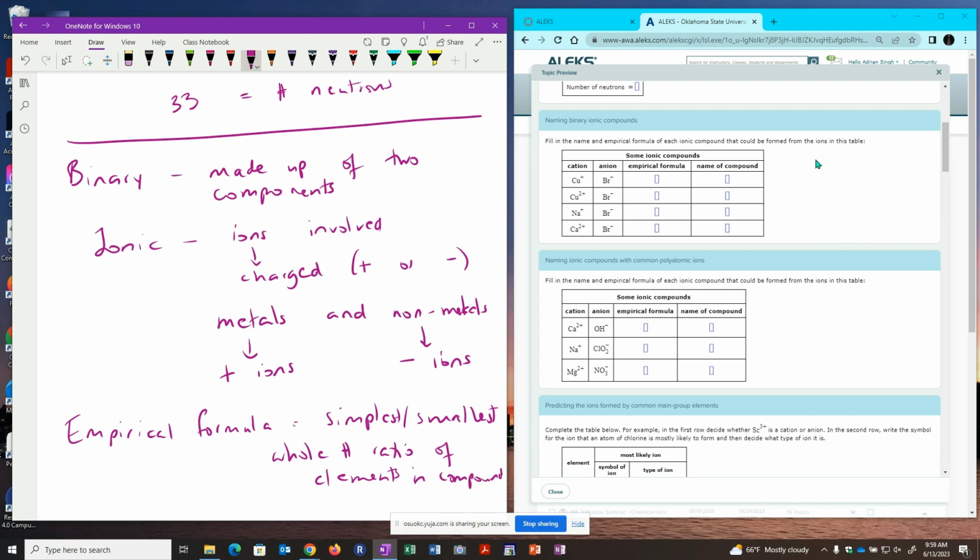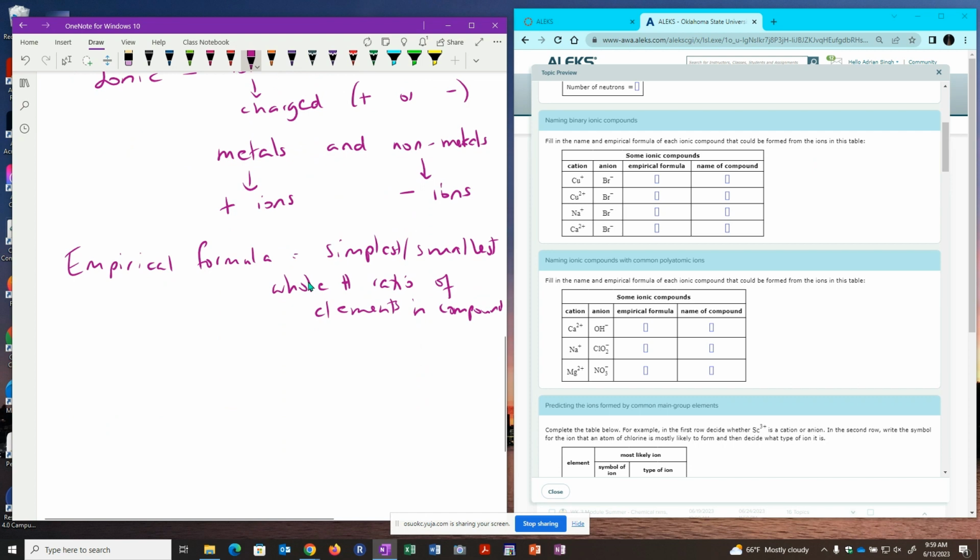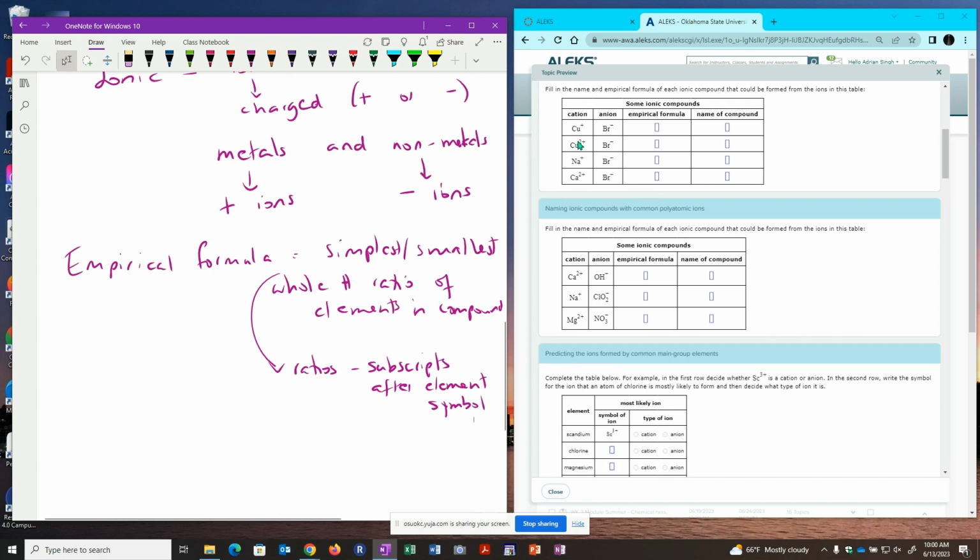And when we combine ions together to make compounds, those ratios are written as subscripts after the symbol for the element. So let's take a look at a couple of these. We'll do the first two.